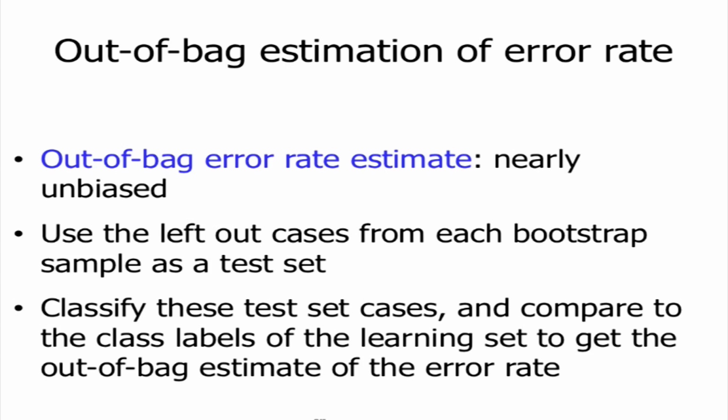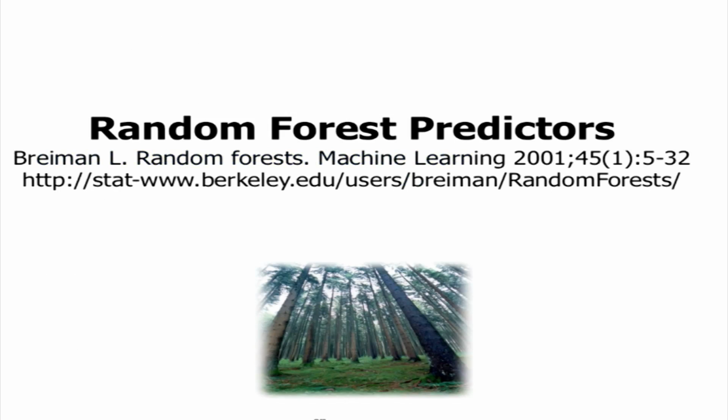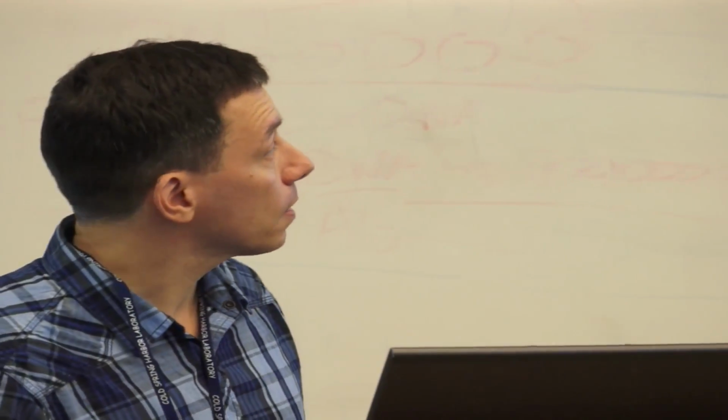So as I alluded to, probably the most famous bagged ensemble predictor or aggregated predictor is the random forest predictor. And this is really what I call a state-of-the-art predictor, meaning it is arguably one of the best predictors out there.